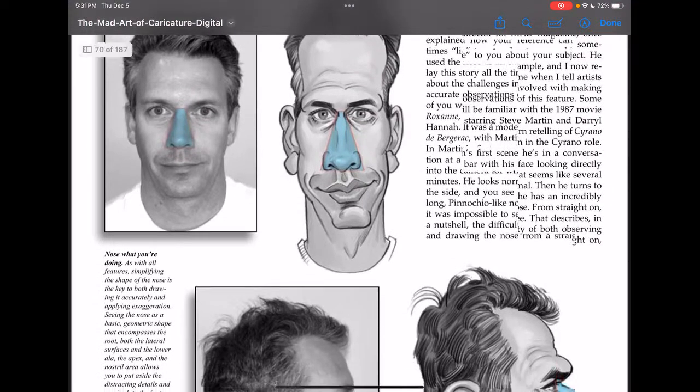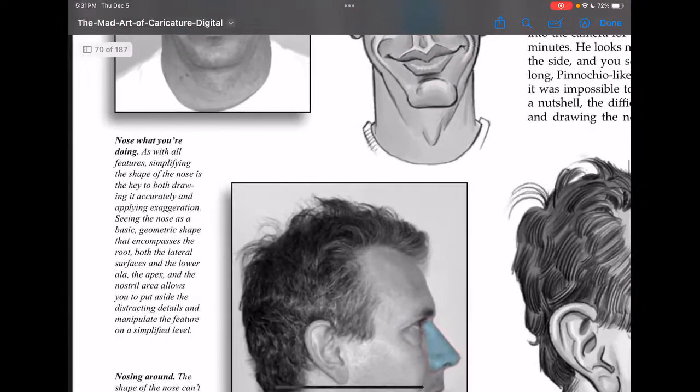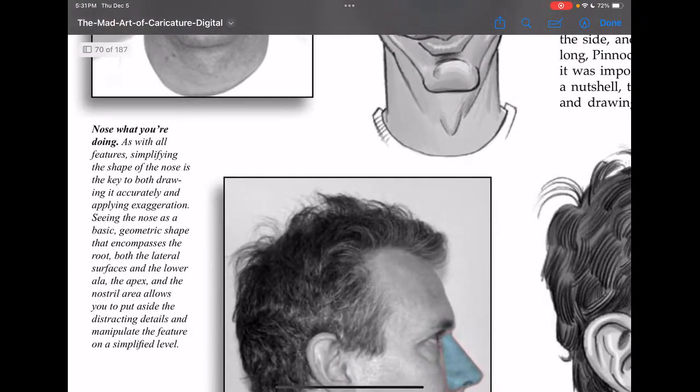Simplifying the shape of the nose and seeing the nose shape. I want to read this side. Okay.